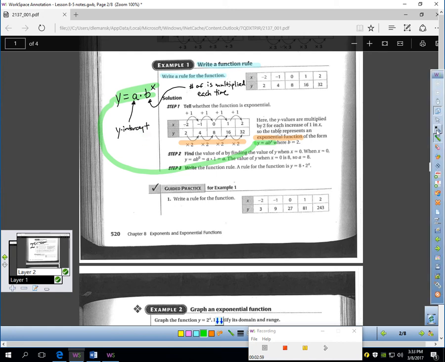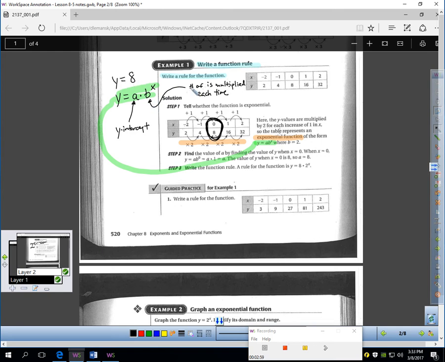Now, if you look at this table carefully, do you see the point 0, 8? Mentally picture that point in your head. Isn't that 8 units up on the y-axis? The a value for this table has to be 8 because that's the y-intercept.